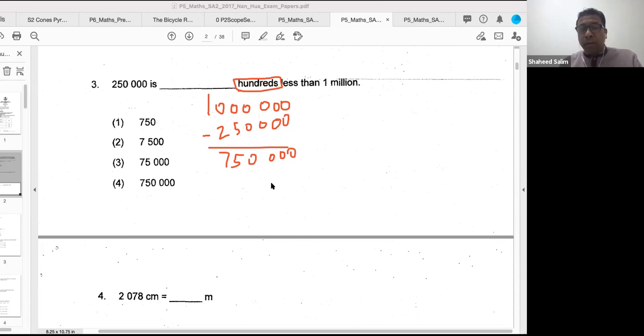So what does it mean? How many hundreds is this? 100 has 2 zeros. Cancel 1, cancel 2. So 7,500 hundreds. So the answer is number 2. I hope you understand what I'm saying. Let's say the answer is 10, this is the same as 110.